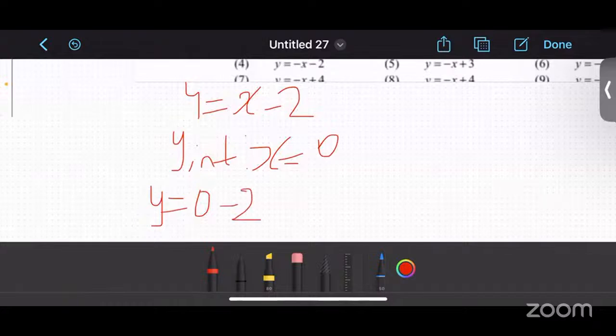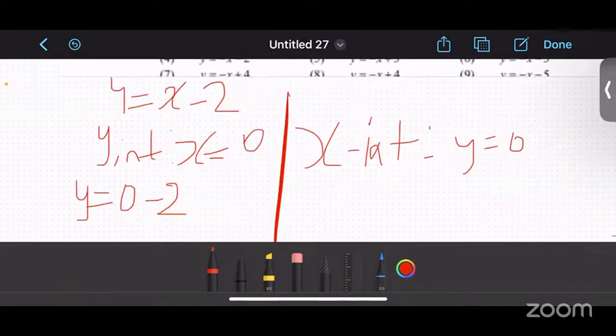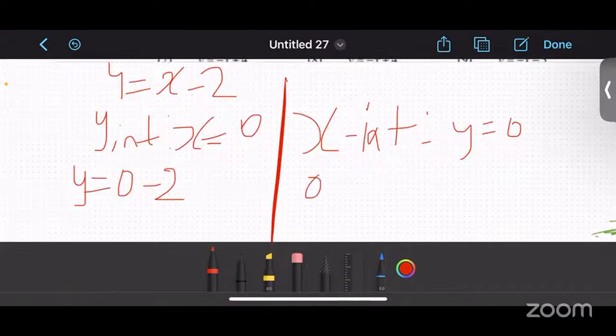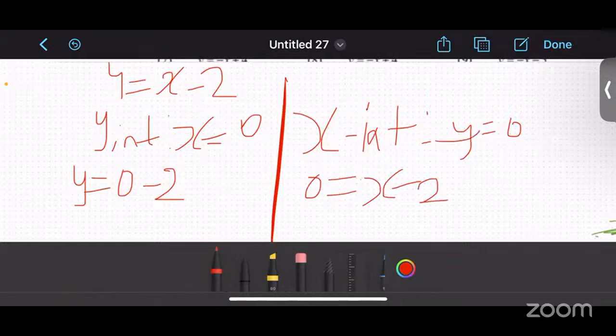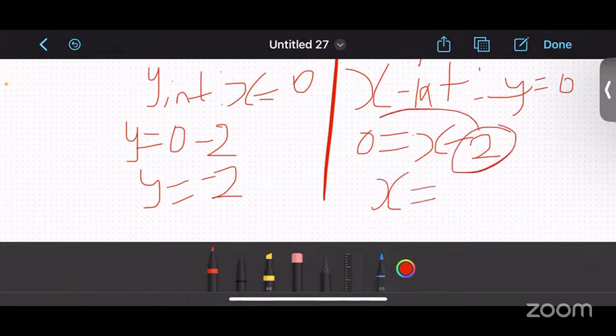And again, we're going to have our x-intercept. y is equal to 0, and that means 0 is equal to x minus 2, okay? And then your y is equal to minus 2, and your x in this case is equal to positive 2, because when you bring it to the other side, it changes the sign and becomes a positive, right? Then we have a positive 2.